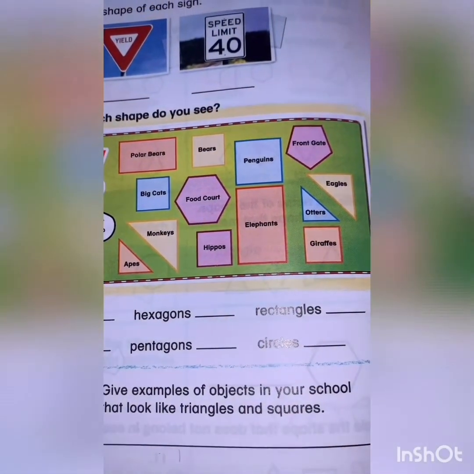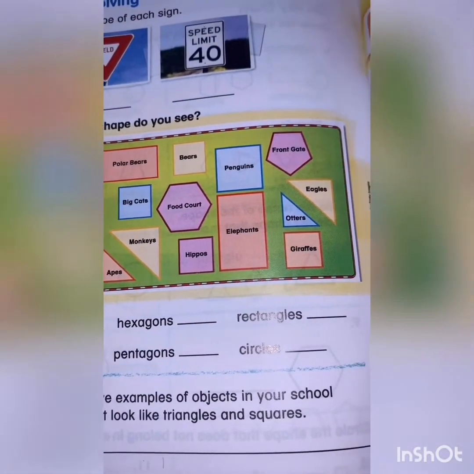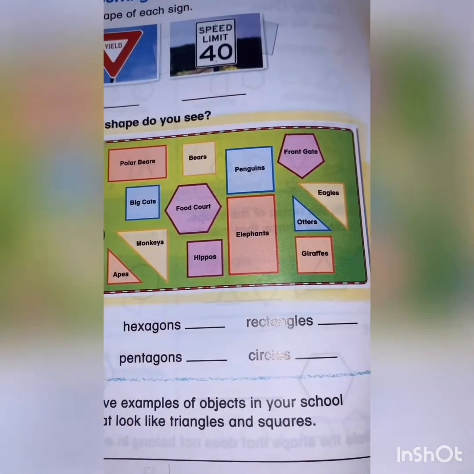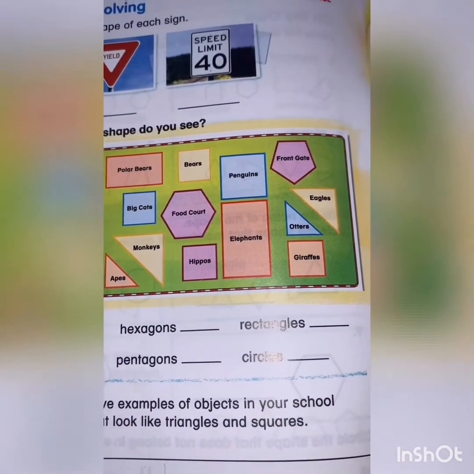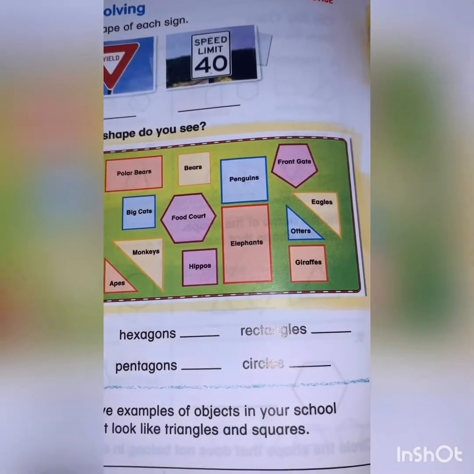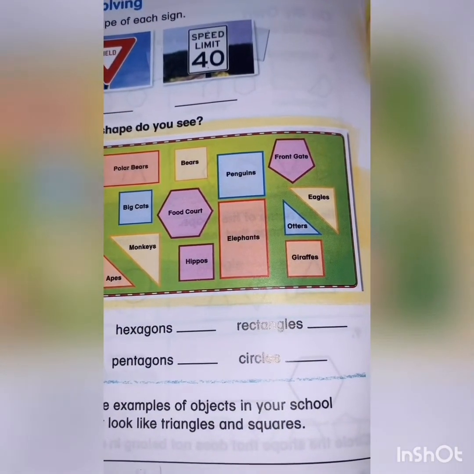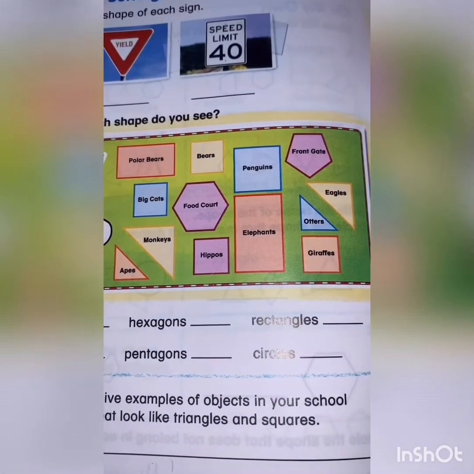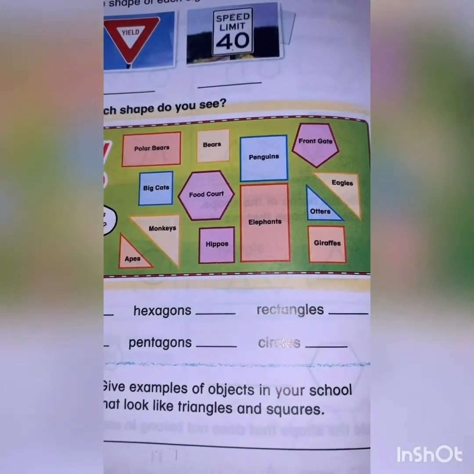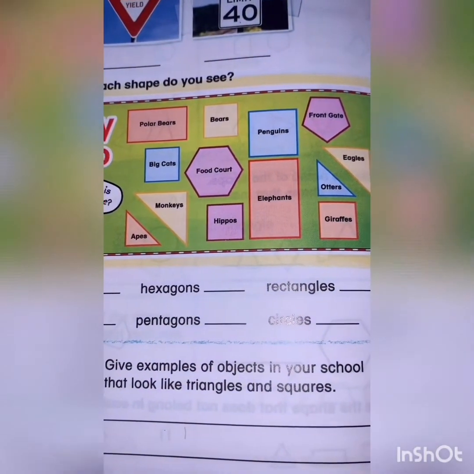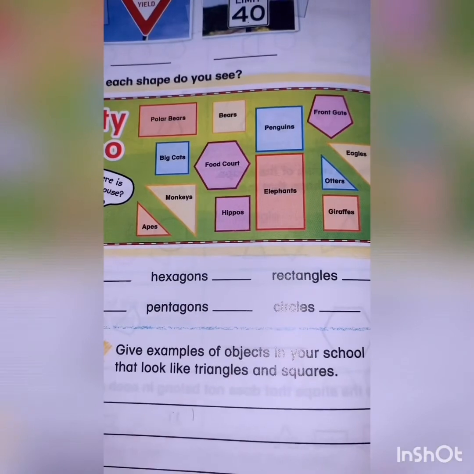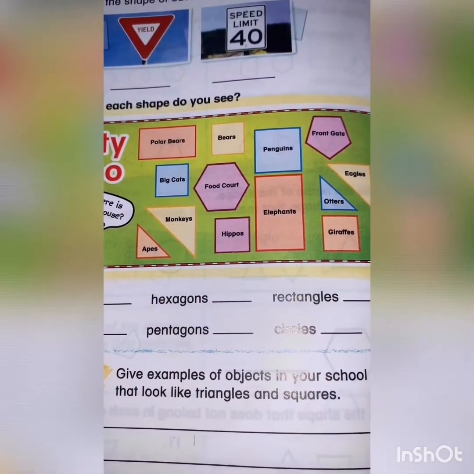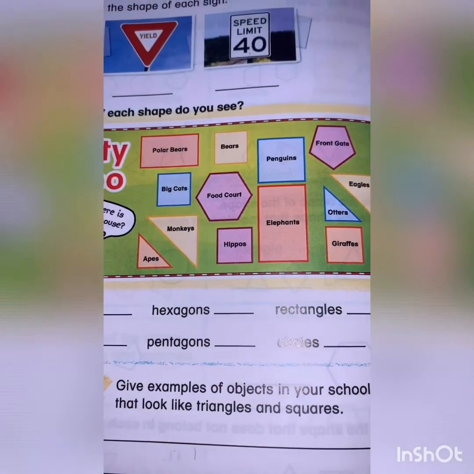Look at your book, you will find that it has a shape of rectangle. Concerning the triangles, some signs have the shape of triangle, some pictures. Also, we have lots of charts that have the shape of triangle or rectangle. Lots of objects that have these shapes. That was for page 742.